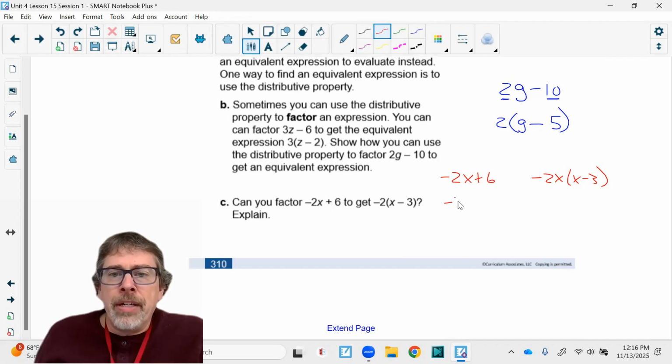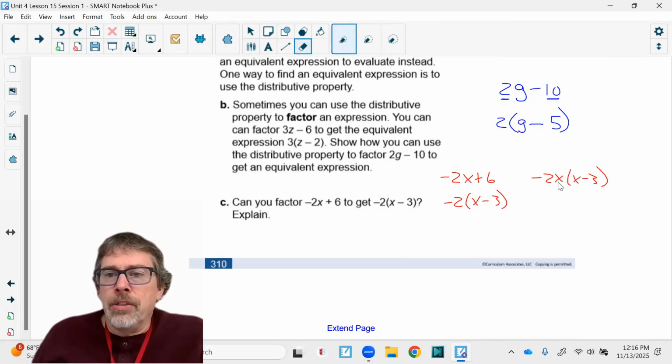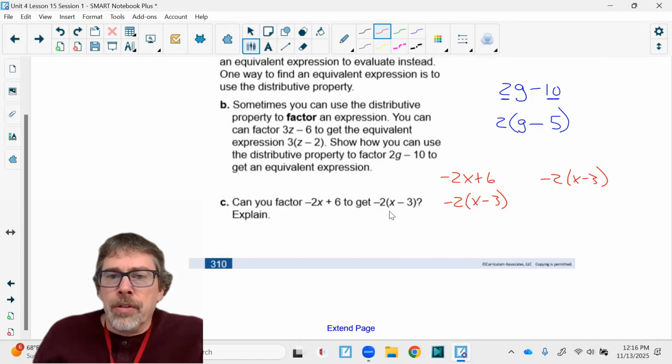So if I take out a -2, then -2 times x is -2x, and 6 divided by -2 is -3. So -2 times x minus 3, oops, I had an extra x over here. That should not be there. So there's the -2 times x minus 3. So are they equivalent? Yes.